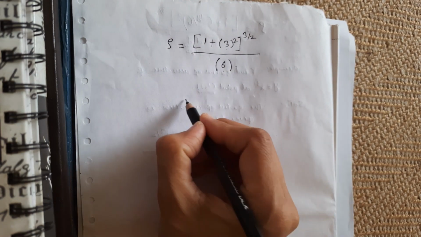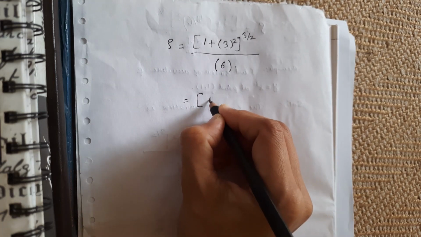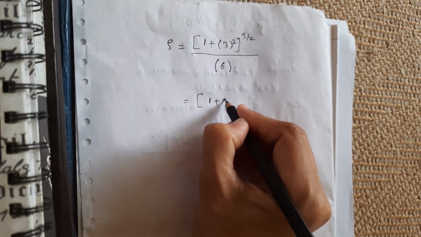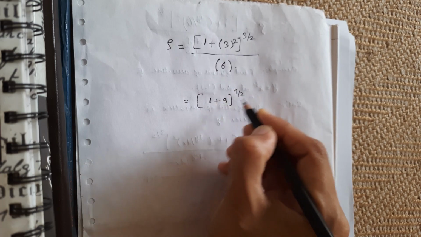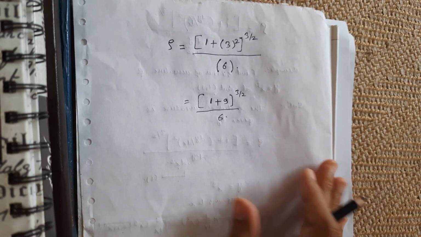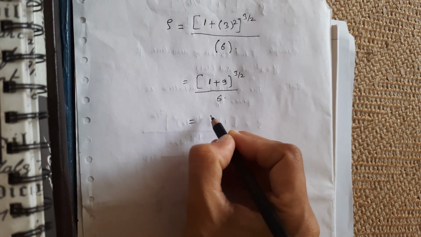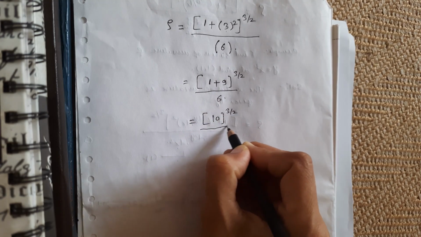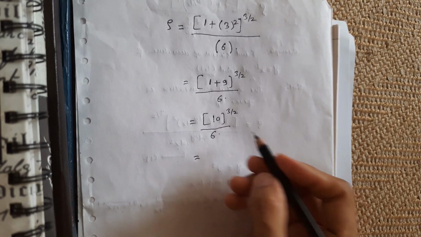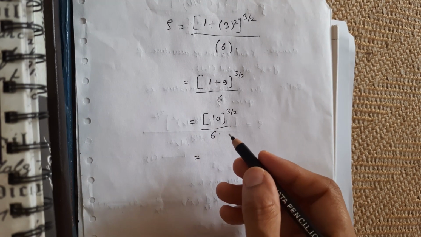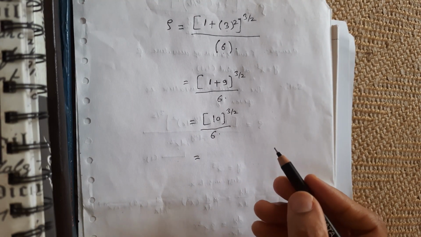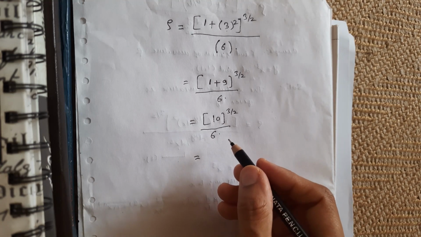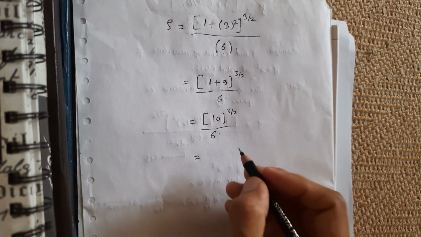Now just simplify it. 1 plus 3 square is 10, to the power 3 by 2, upon 6. You can always use a calculator. A calculator is allowed, so just see what value you get. The value I get is 10 to the power 3 by 2 upon 6 units.